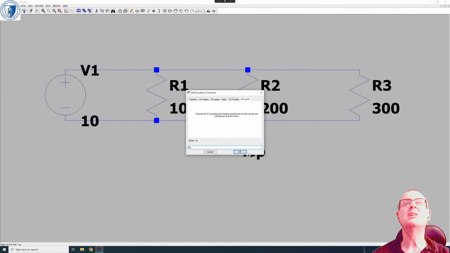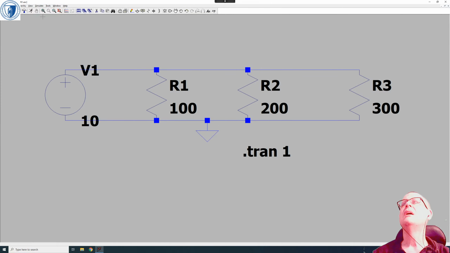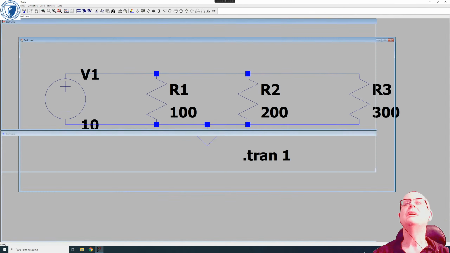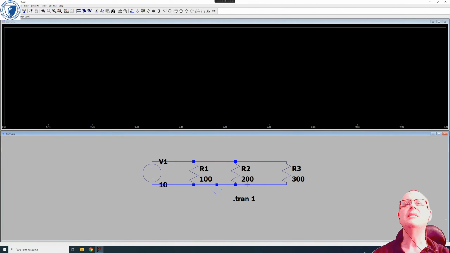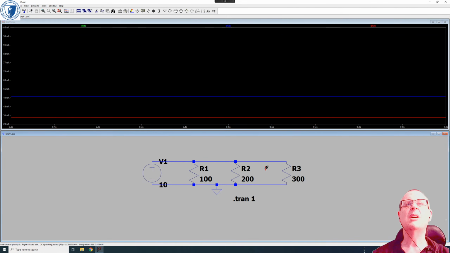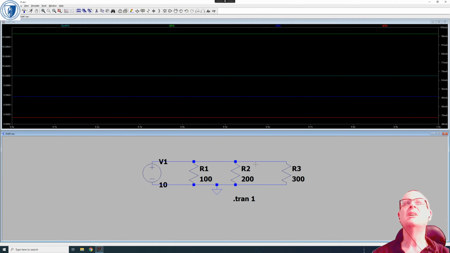Let's just try .tran 1. Okay, and we'll stop and we'll run, and now when we run we get this, and let's just measure all the currents and measure the voltage.